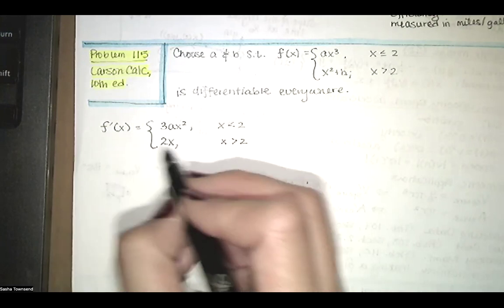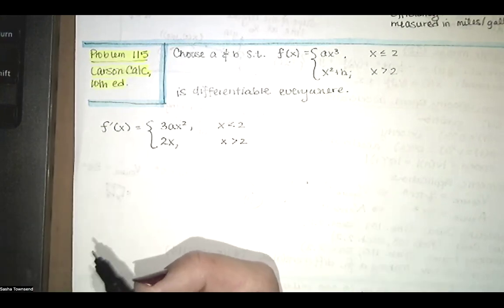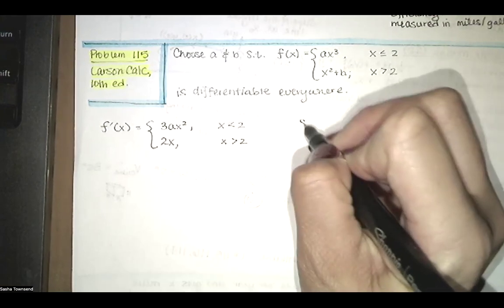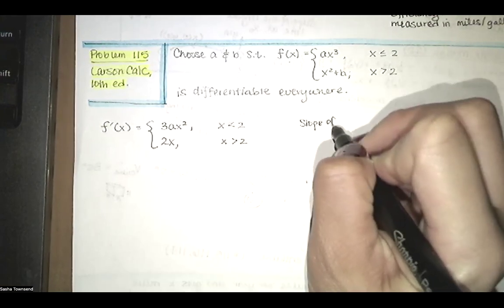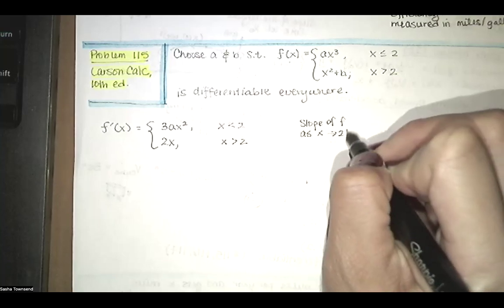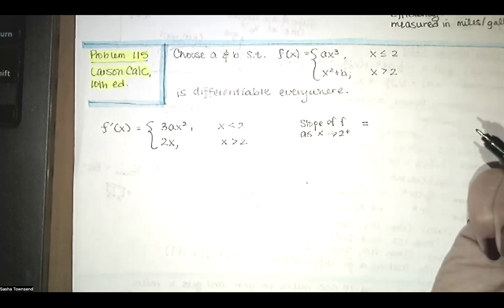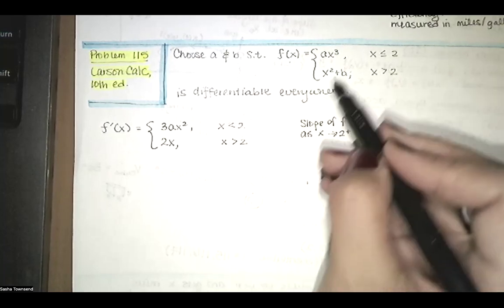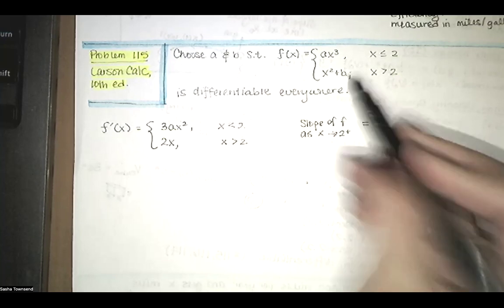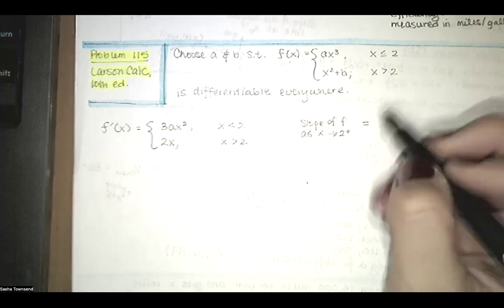The slope as x approaches 2 from the left is equal to the slope as x approaches 2 from the right. So let's say, what is the slope of f as x approaches 2 from the right? So we'll just write it like that. That's going to equal the derivative of this second branch evaluated at x equals 2.